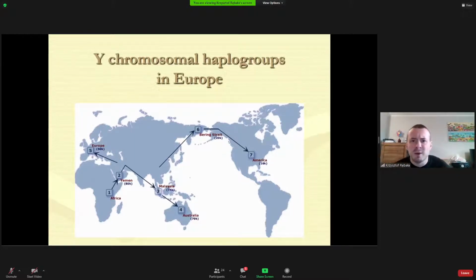Regarding the Y chromosomal haplogroups in Europe, we can say that modern humans, Homo sapiens sapiens, appeared for the first time in Europe approximately 50,000 years ago.